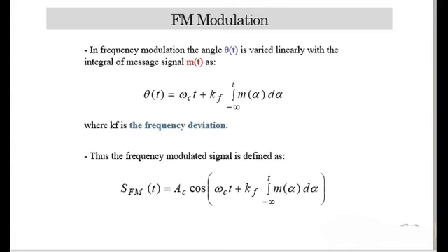Frequency modulation varies the frequency of the carrier in line with the intensity of the modulating signal. In FM, the frequency deviation is proportional to the modulating voltage only. In PM, the frequency deviation is proportional to the modulating voltage as well as the modulating frequency.